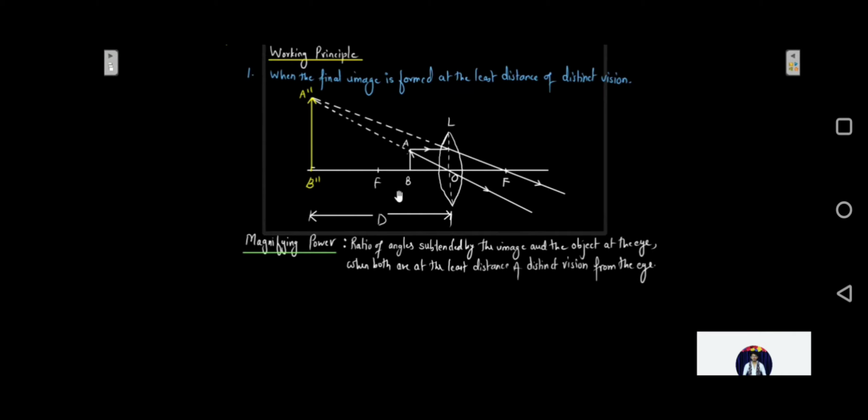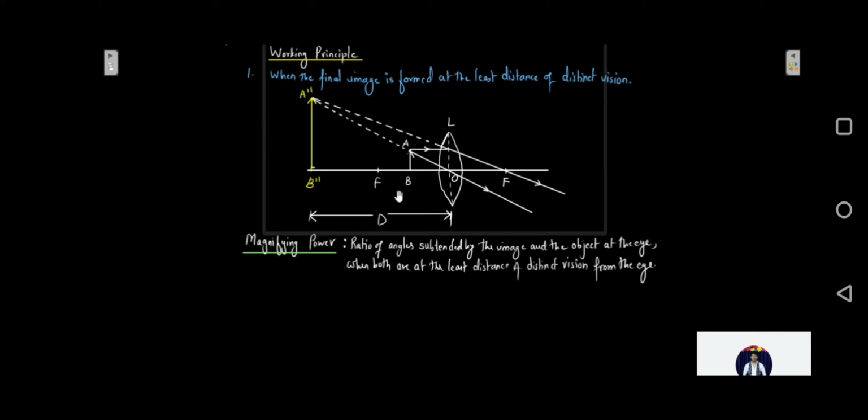Now let us define the magnifying power of this simple microscope when the final image is formed at the least distance of distinct vision. The magnifying power is defined as the ratio of the angle subtended by the image and the object at the eye when both are at the least distance of distinct vision from the eye.